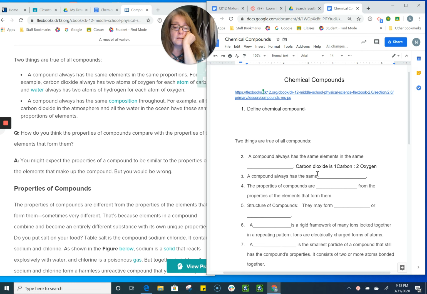But when you combine them, carbon dioxide, you have a gas that we exhale that our cells put together and excrete. So carbon is different from oxygen, but the carbon dioxide is completely different from carbon or oxygen. So the properties of the compound are always different from the properties of the substances that make them up.